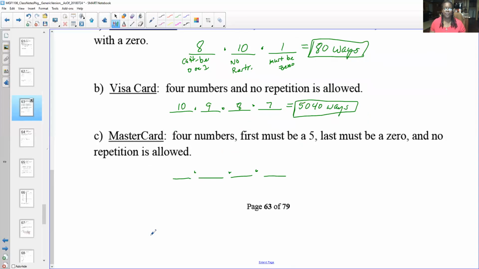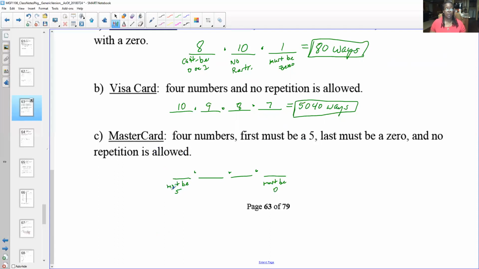All right. The first number must be a 5. All right, the last number must be a 0. Then it says no repetition is allowed. So fill in the ones you know for sure.